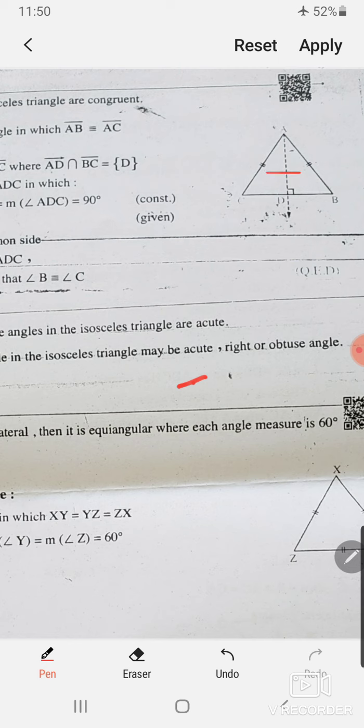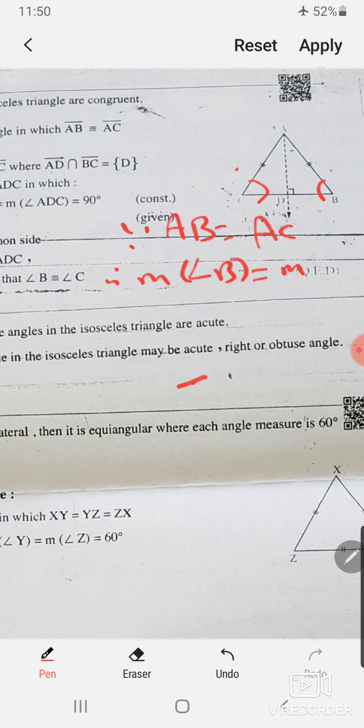If you have side equals side, here AB equals AC, then the measure of angle B equals the measure of angle C. Therefore, measure angle B equals measure angle C. This is theorem number 1.